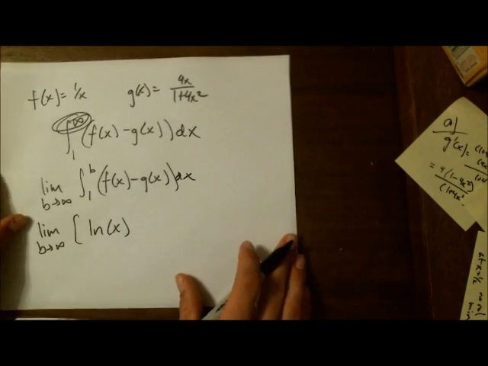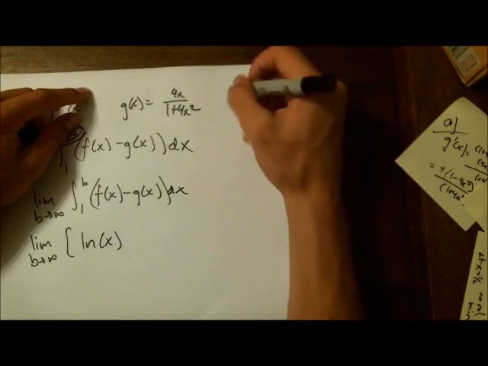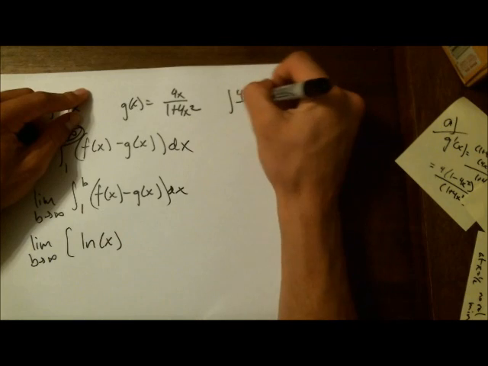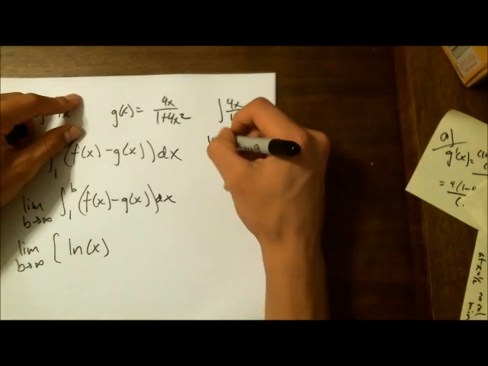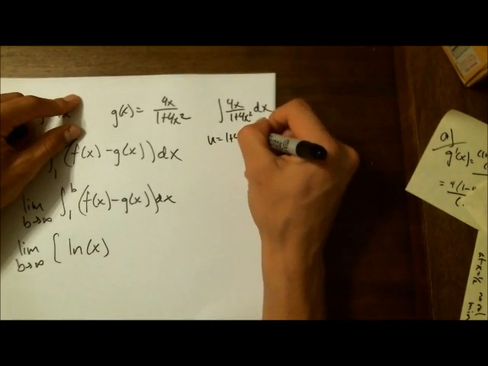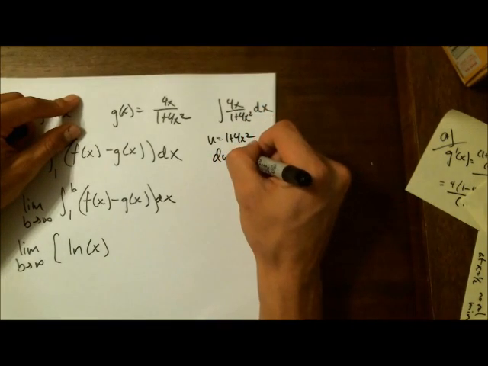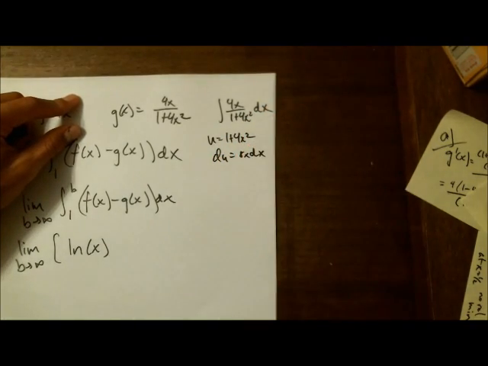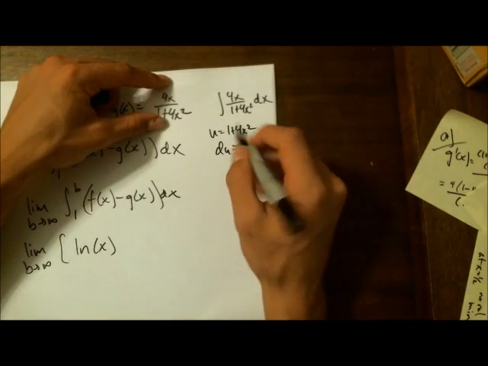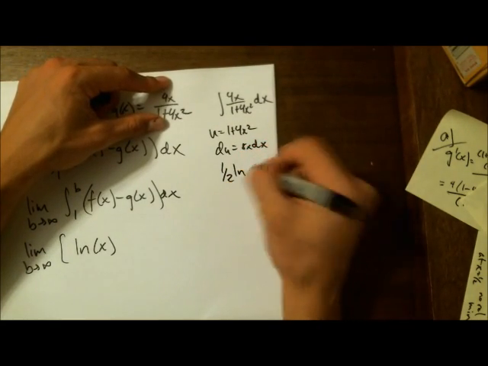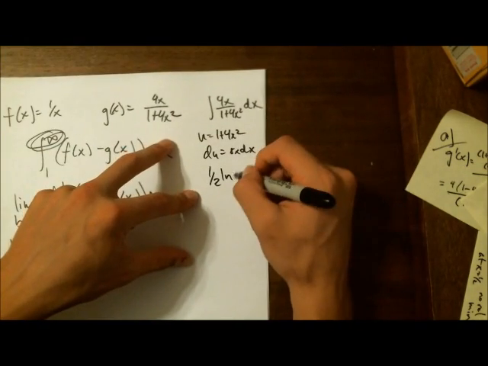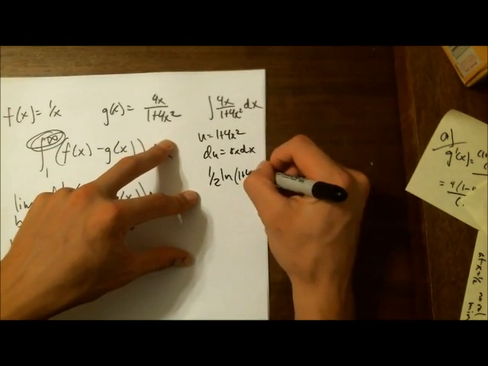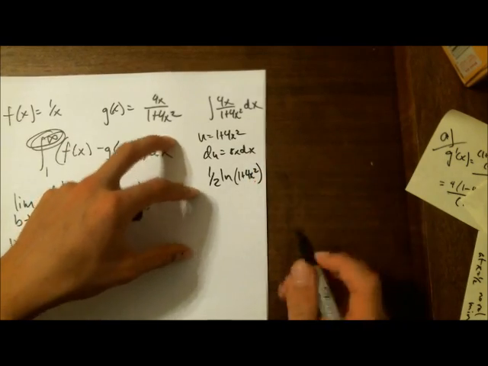However, the integral of g of x is not so easy. You have to do a quick little u substitution here, where u equals 1 plus 4x squared, and that quickly shows you that the integral of g of x is 1/2 times natural log of 1 plus 4x squared.